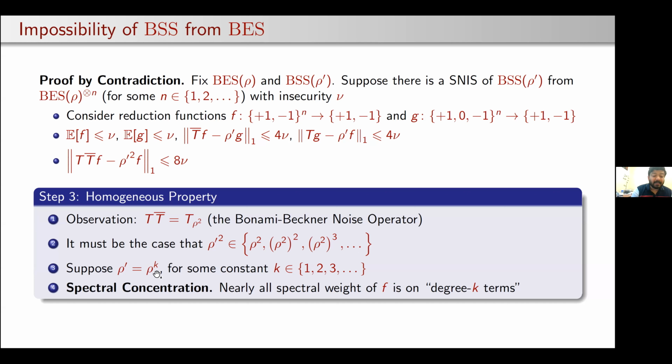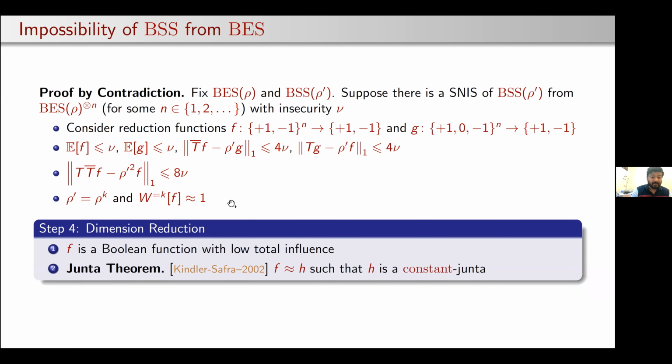Suppose the target maximal correlation rho prime is rho to the power k, where k is some natural number 1, 2, 3, 4. Then we can also conclude that nearly the entire spectral weight of the reduction function is concentrated on degree k terms. In other words, we have proven that the Boolean function f is in fact a homogeneous function of degree k.